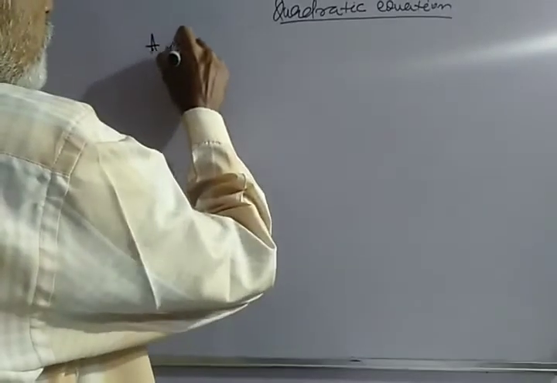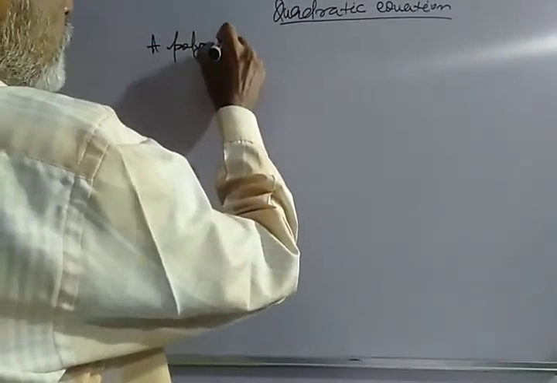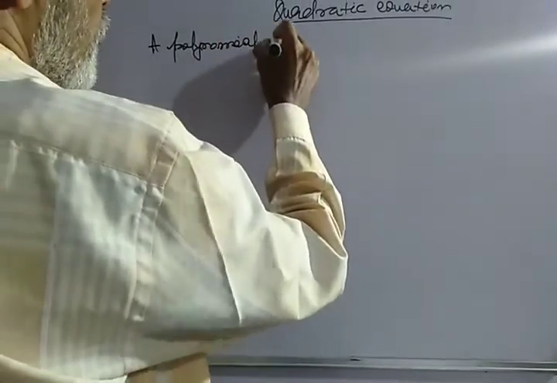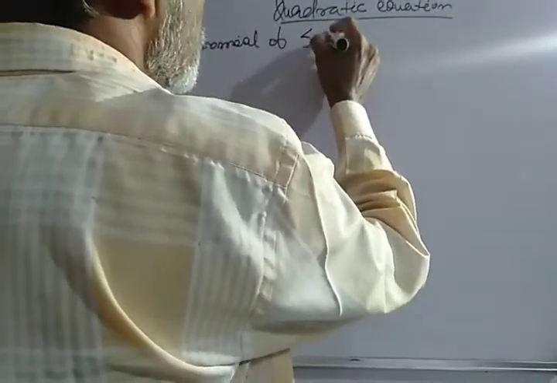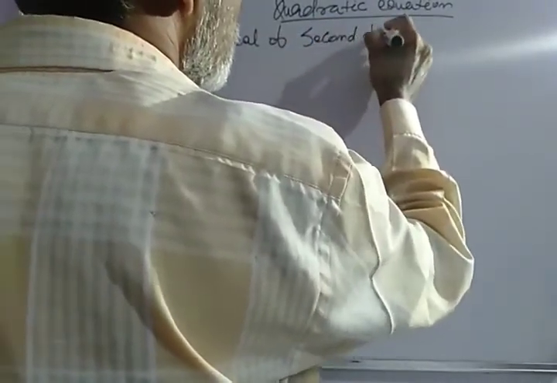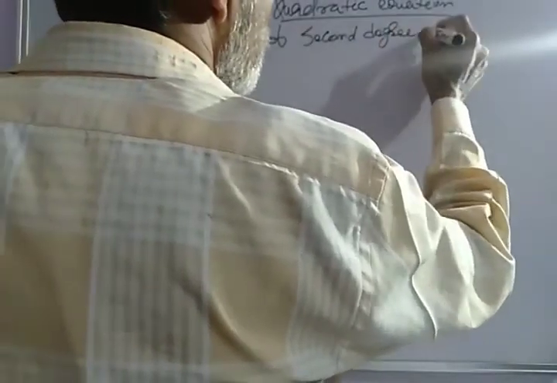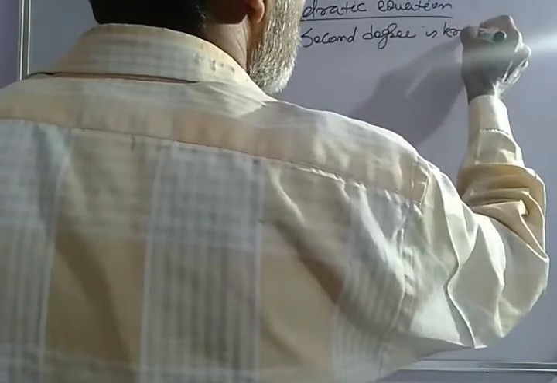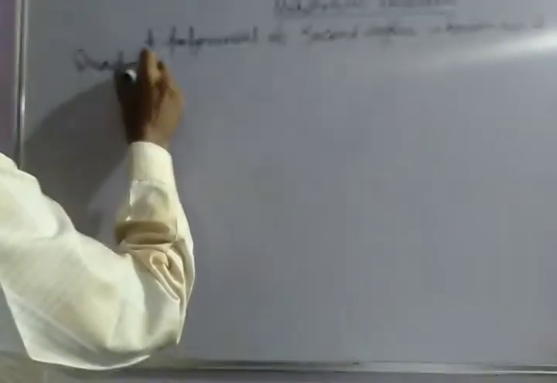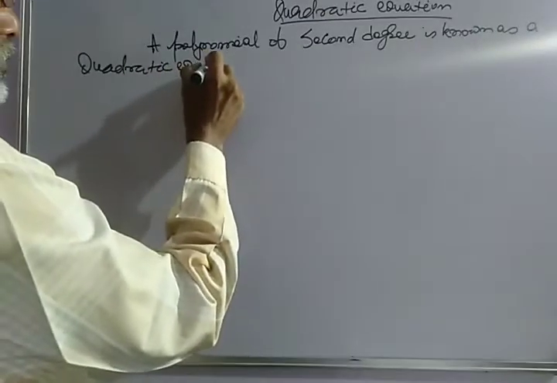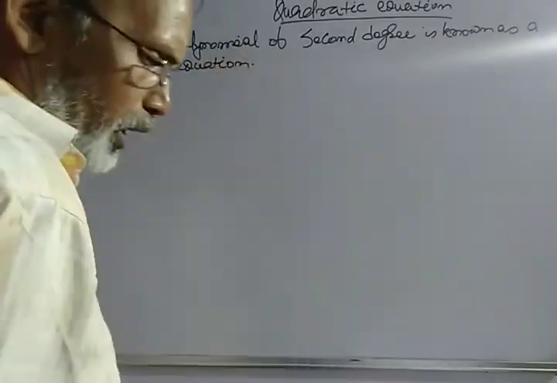A polynomial of second degree is known as a quadratic equation.